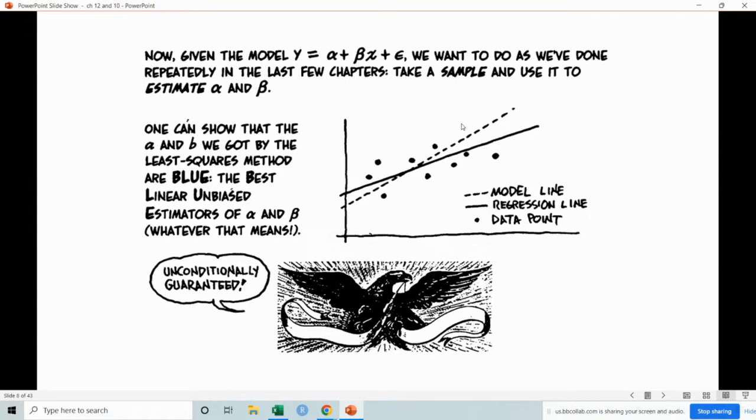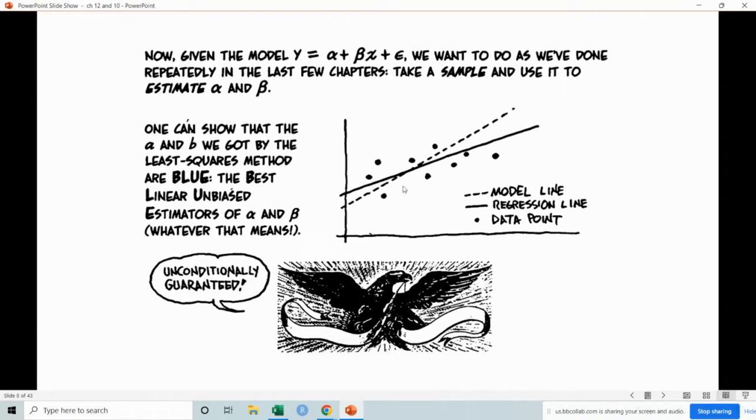One can show that the alpha and beta we got by the least squares method are BLUE, the best linear unbiased estimators of alpha and beta. So basically that means what it means. Linear regression is trying to find the best linear unbiased estimator because we're taking estimates of alpha and beta, right? And we want to kind of minimize those errors.